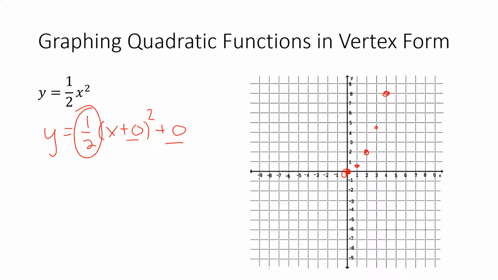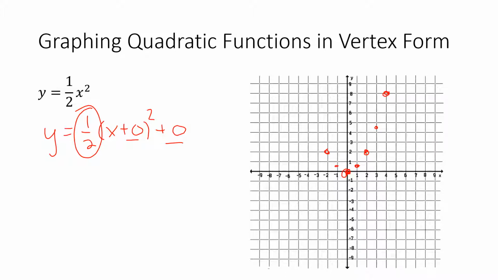Same thing on the left-hand side. Typically, you would go over 1, up 1, but half of that would be over 1, up 1/2. Then, typically, you would go over 2, up 4, but we're only going to do half of that, so we're going to go over 2, up 2. From there, you would usually go over 3, up 9.